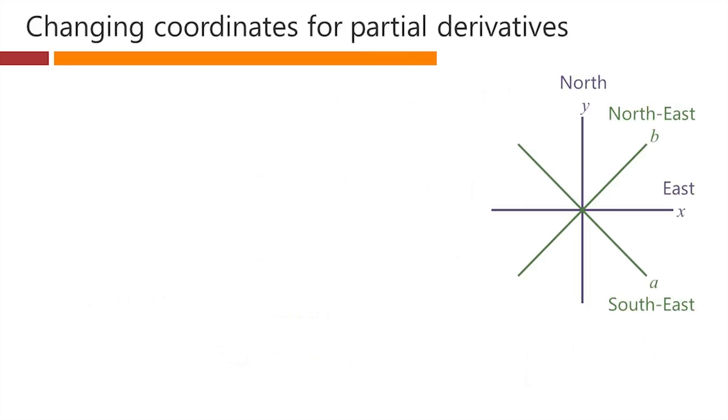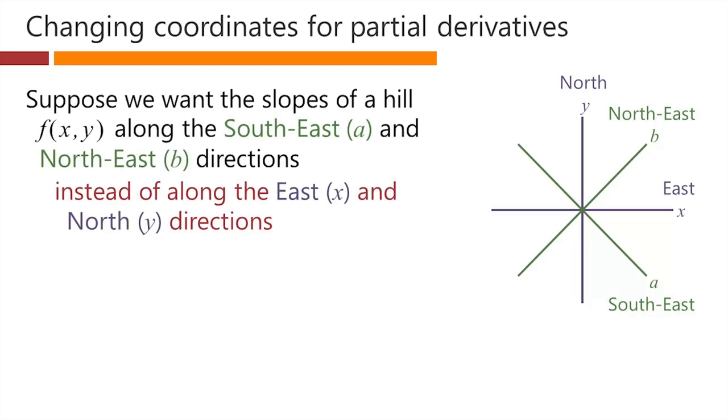Now we're going to make another use of our differential, this time to understand how we change the coordinates for partial derivatives. Suppose we want to know the slopes of a hill, f of x and y, but not along the x and y directions, but along another couple of directions.